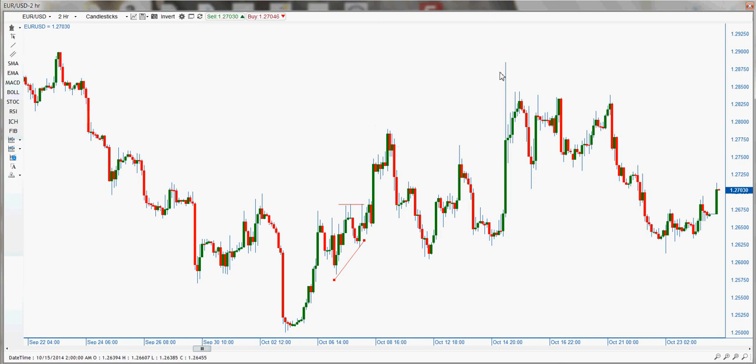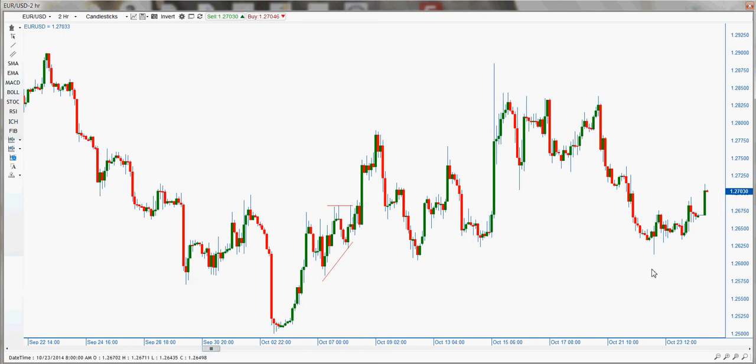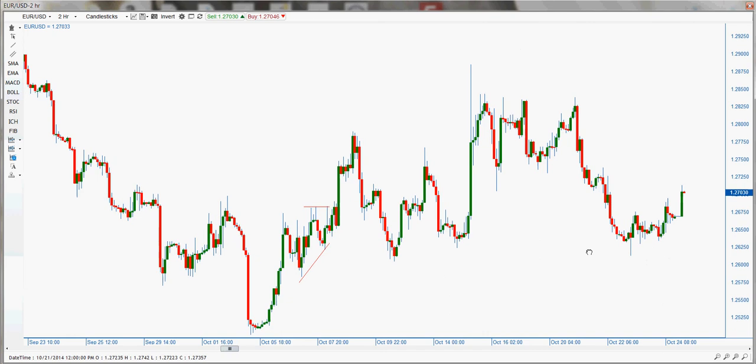So the same thing applies here. Is this A, B, C a larger degree wave A? And we're correcting lower in B, possibly complete. If that's the case, it implies a new high above this extreme.